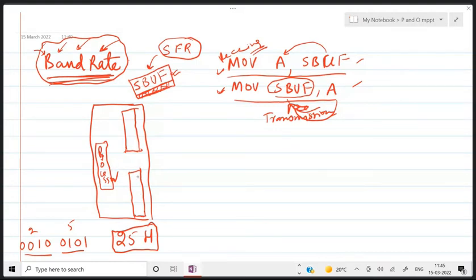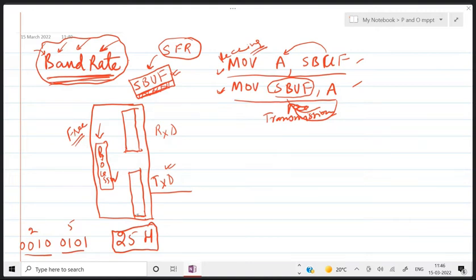Rather, these two SFRs, SBUF, store the data, and this data is then serially transmitted to some other location with the help of TXD and RXD. For transmission, it is TXD, and for receiving, it is RXD. It is transmitted through this line. And while the data is being transmitted, the processor is free to do some other operation.